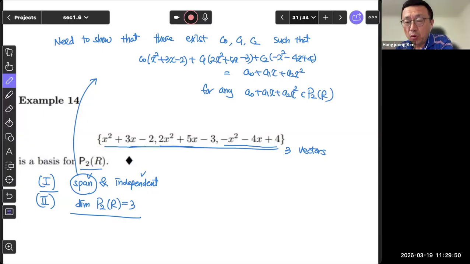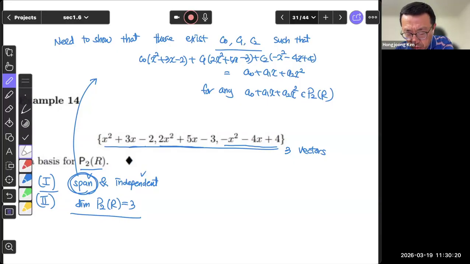So if you can show this existence of these 3 numbers, then, I mean, if you can solve this equation for C naught, C1, C2, then that will prove the first part. I mean, the set generates the whole space, P2 space. So that's what you need to show.